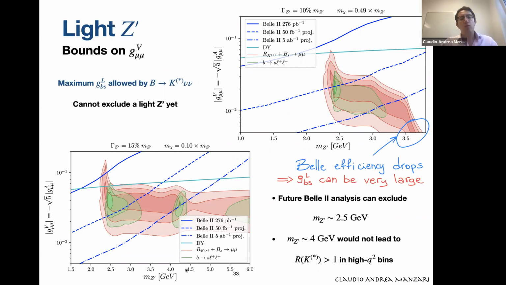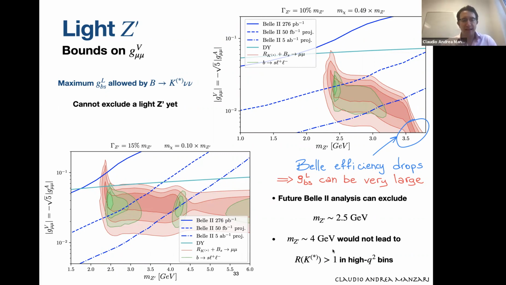Now, let me tell you what's the most intriguing difference in terms of B to Sll data between these two solutions. It happens that this low mass solution will predict a value for RK and RK* larger than 1 in low q² bins, while this larger mass solution will predict a value for RK and RK* smaller than 1 at low q² bins.